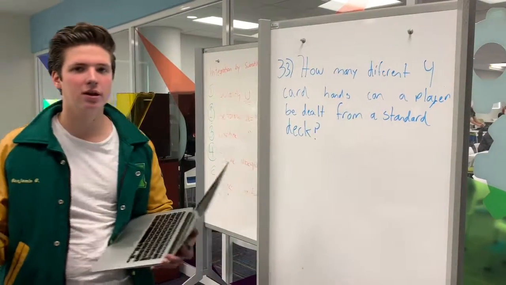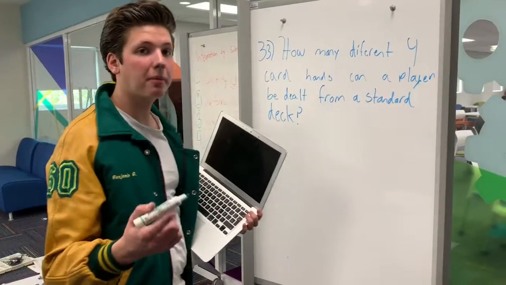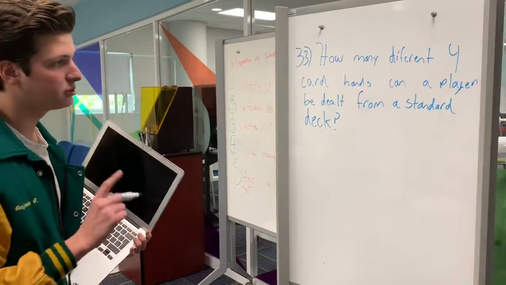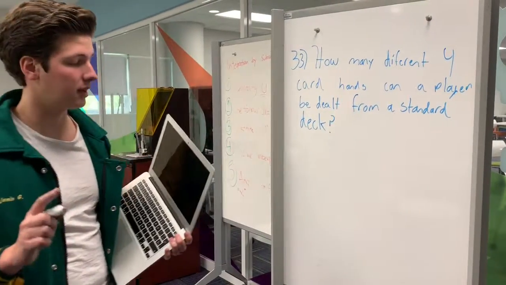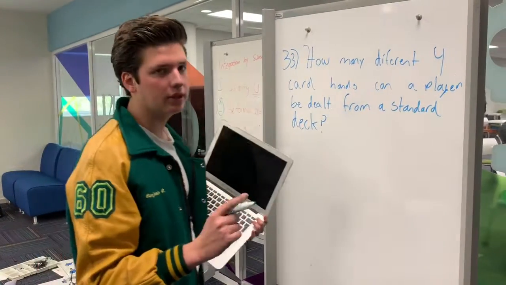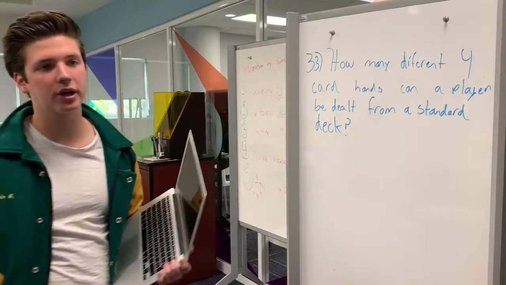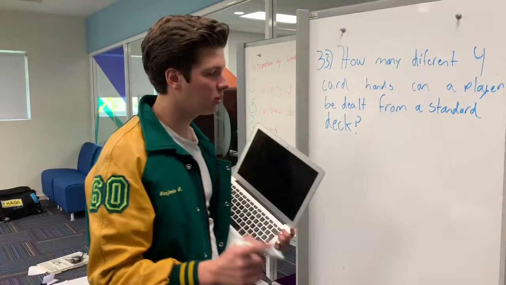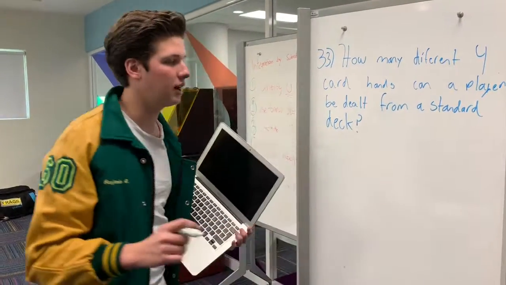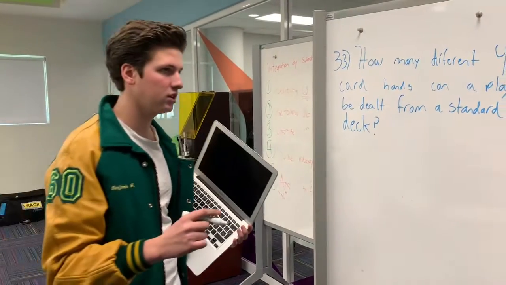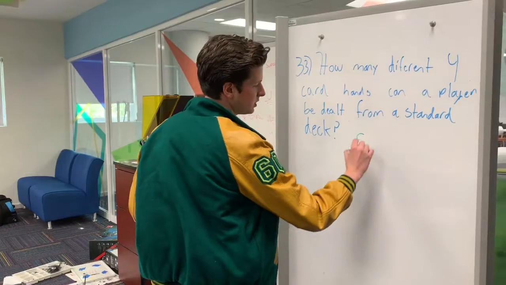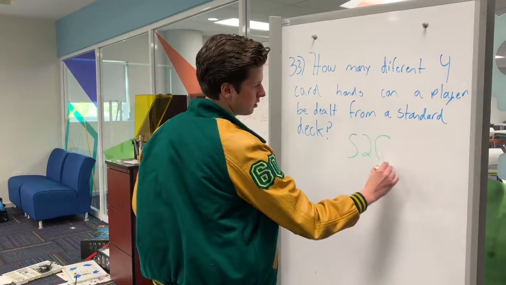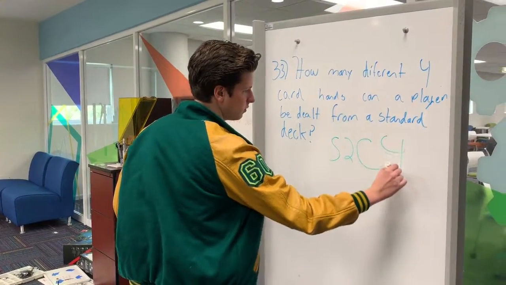So if you remember Mr. Cian, remembering the chart, we know that here there's no repetition because a deck of cards has no repetition, not the exact same card, and we know that the order doesn't actually matter. So we're going to go for a combination. So we're going to go for 52, which is what a deck has, combination 4.